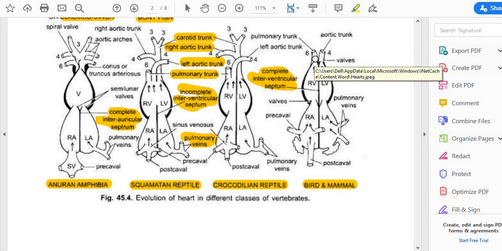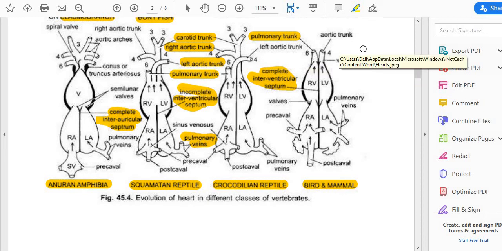In the case of birds and mammals we find 2 pairs of aortic arches. One of the aortic arches is the pulmonary arch, that is the pulmonary trunk. Now the blood has gone to the lungs. The lungs convert the deoxygenated blood into oxygenated blood. So we now have pure blood.